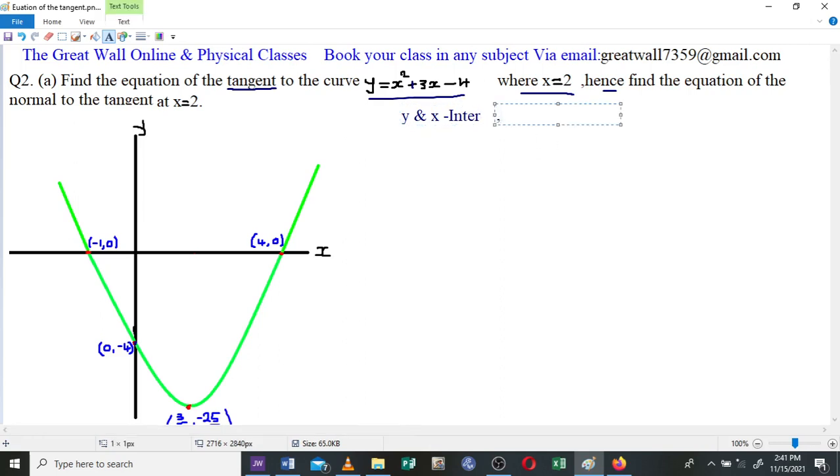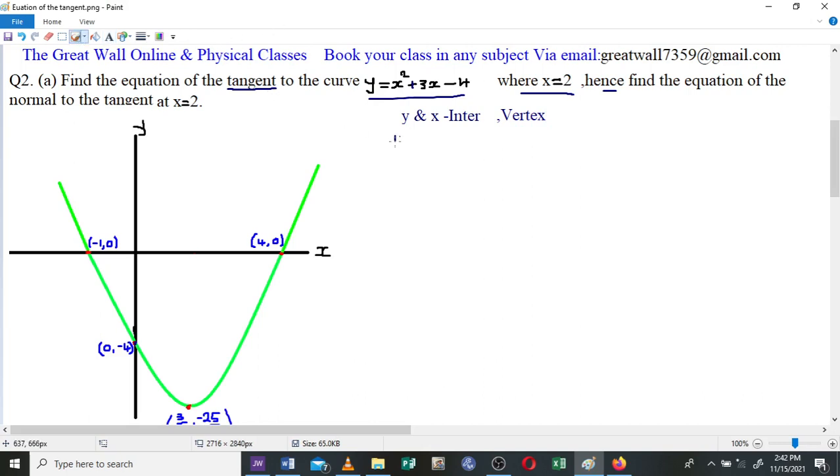Apart from that, you also need to find the vertex. Very important. So let's do that and see how I got these points.